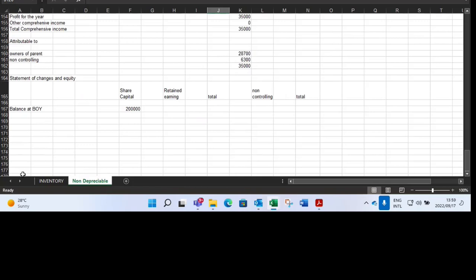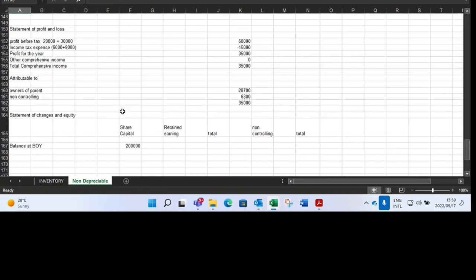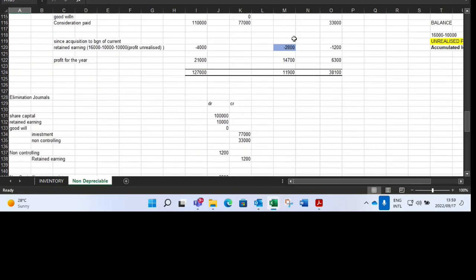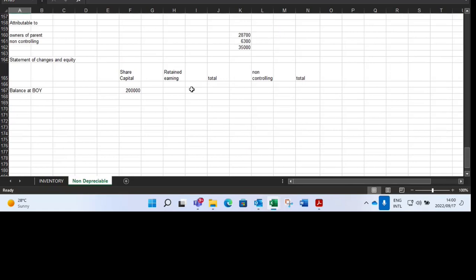So parent here, retained earnings of how much? 15,000. Then we minus the 2,800 loss from subsidiary, because on the subsidiary we have to take the 70%. The subsidiary made a loss on the retained earnings of 2.8 because of the acquisition plus the unrealized profit that needs to be deducted. So you minus the 2,800, then we are left with 12,200.